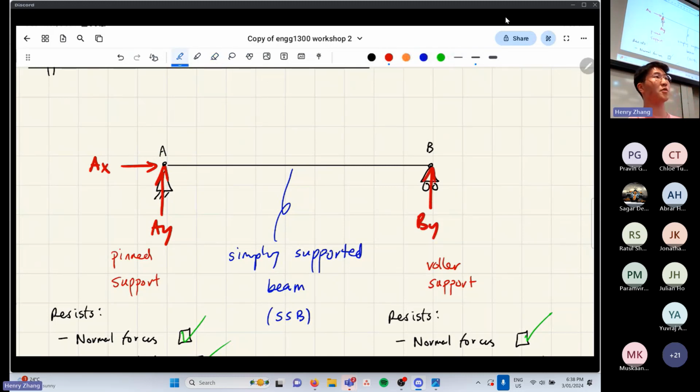This is just because our beam is horizontal, so that's why I can call it X and Y. If the beam was at an angle, I'll quickly do a drawing. Maybe you'd instead want to call this, that's point B, B normal, B tangential. We do something like that. But anyway, we're calling it AX, AY, and BY.